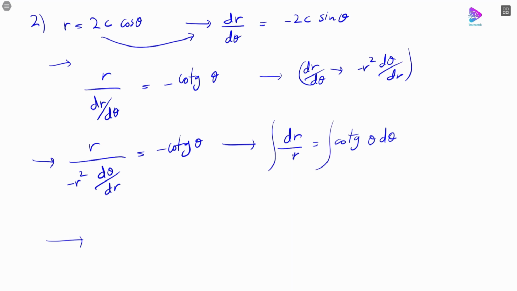Integrating will get you ln r equal to ln a sine theta, or basically r equal to a sine theta.